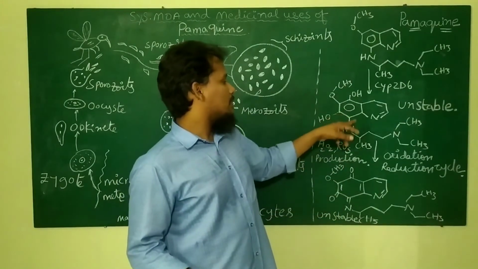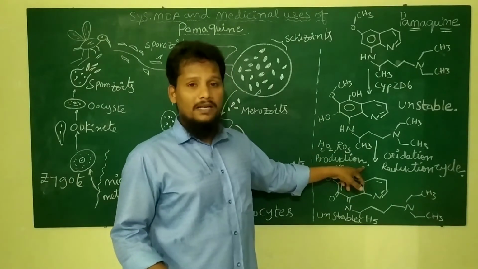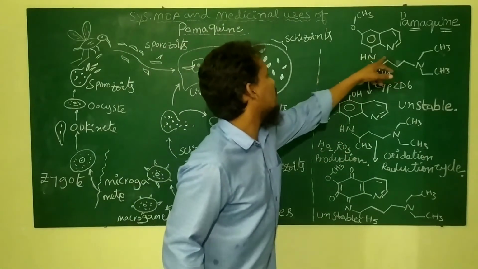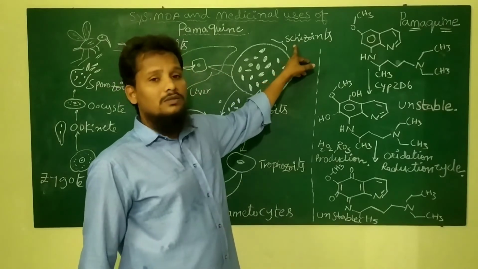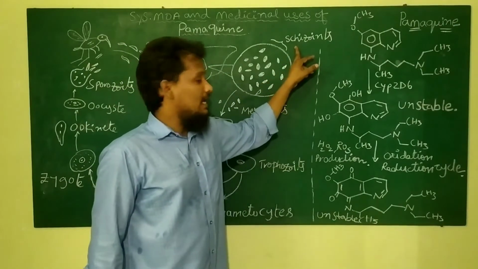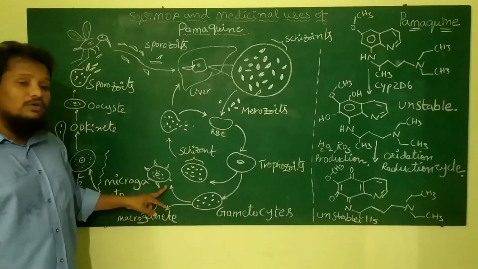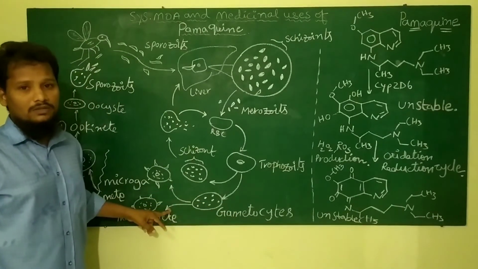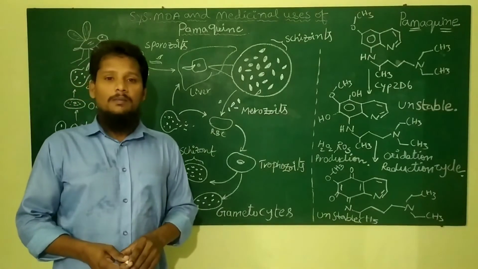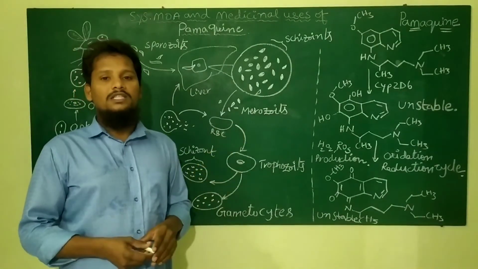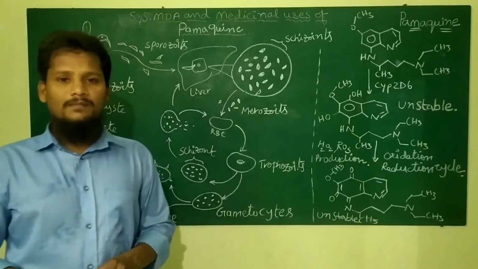Like that, pamaquine kills the parasite. Mainly pamaquine kills the liver schizonts, as well as the gametocytes, female gametocyte and male gametocyte also. So this is the mechanism of pamaquine. So please take a screenshot of this page. Thank you.